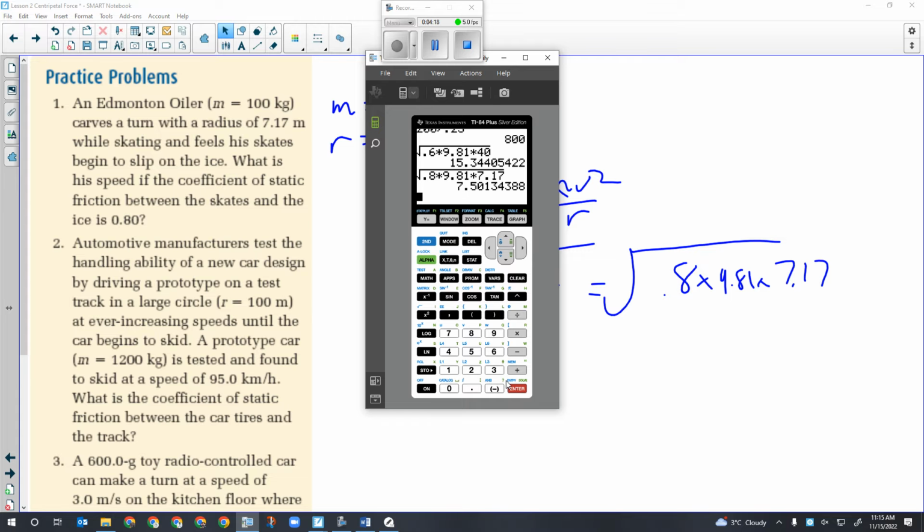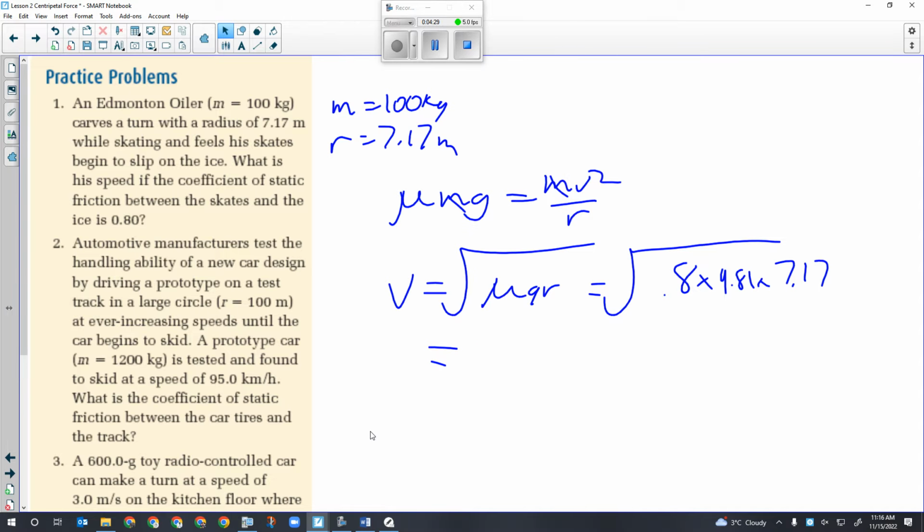Okay, how are we doing on number 2? What's the conversion of 90 kilometers per hour? Divide by 3.6. Okay, we need a couple more minutes on number 2.